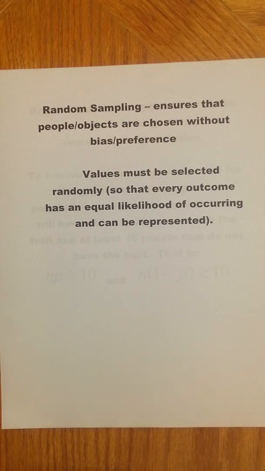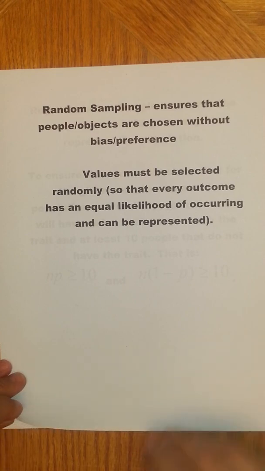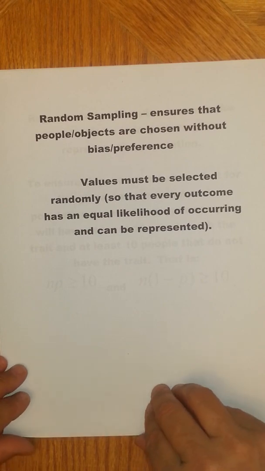When a human chooses, there's always bias. So if you notice when you read your text, random selection must involve some way of eliminating the human element, so that could be a computer choosing or some kind of a system. So now a human can be the agent, but they can't actually do the selection, right? So everybody has to have an equal chance of being selected.